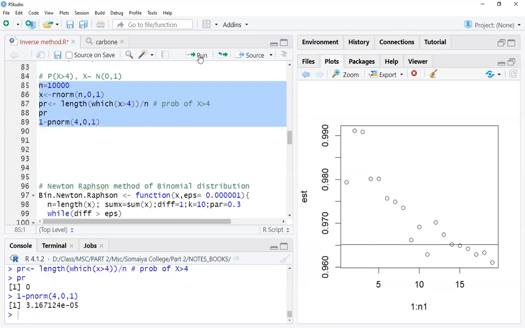But look, now here we are getting 3 values. Here we are getting 0. So many times you may observe that we are getting no observations from that particular generated sample. So in this scenario, our Monte Carlo integration fails because sampling is not done properly.